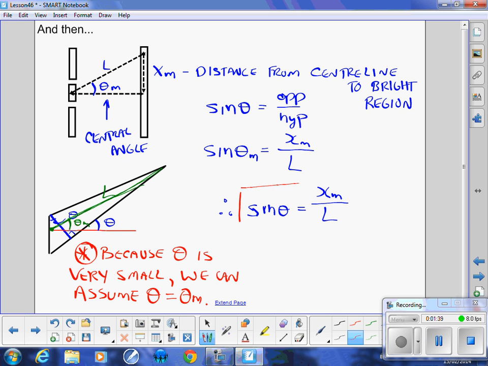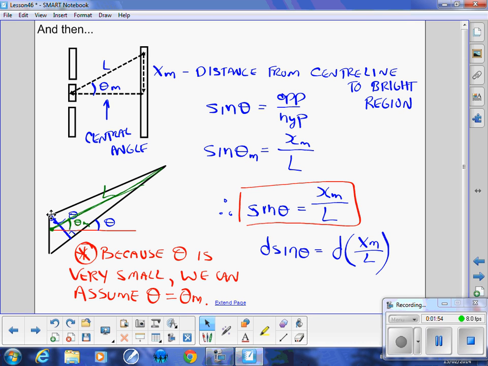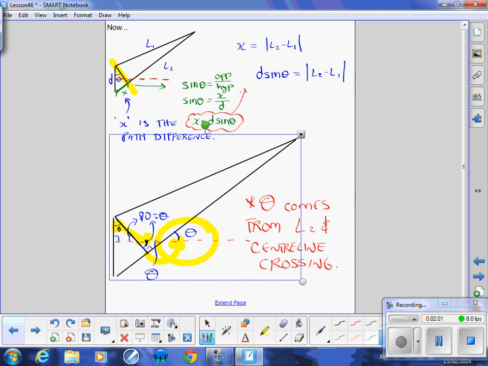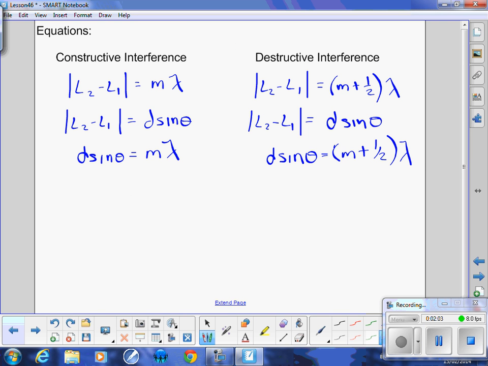So there's another formula I'm going to go back and add to my page. And if I multiply both sides by d, and you'll see why when I go back to the other page, we end up with a formula like that, which gives us another formula with different information. We can add that to our formula sheet. So sliding back, we now have that sine theta equals xm over L, which is true for both sides.